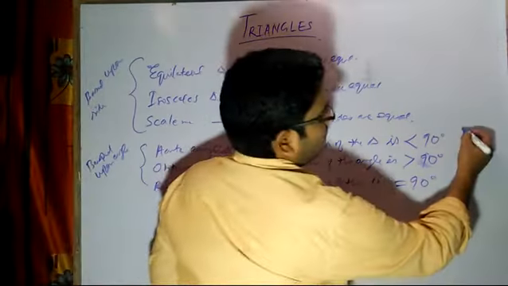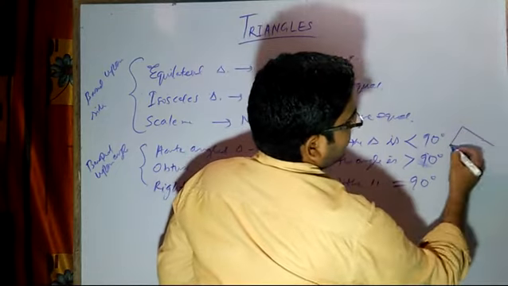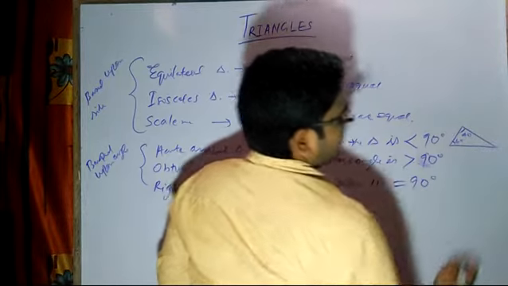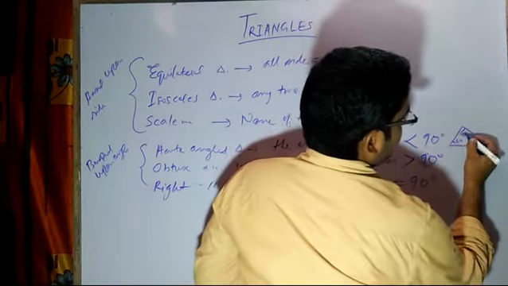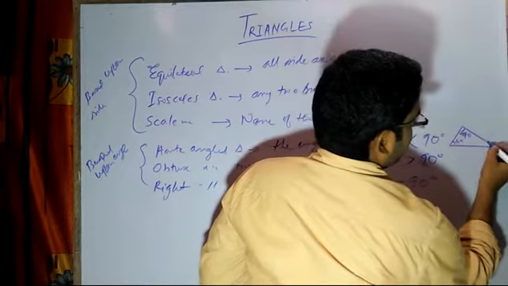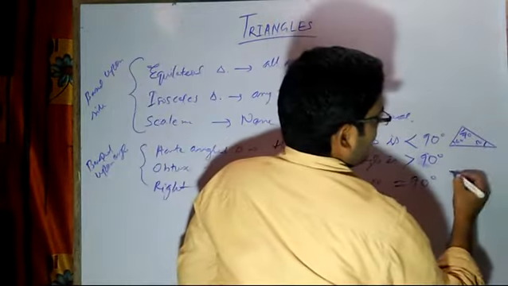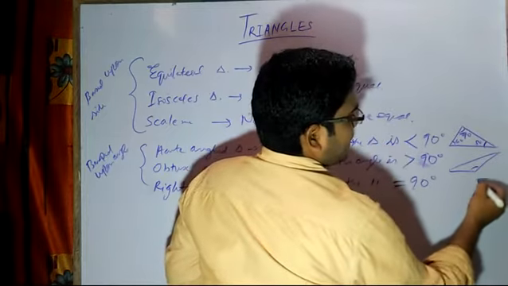So in case of an example of acute angle, it will be 60, 40, or you say 70, 50 degree, like this. Now in case of an obtuse angle triangle, one of the angles will be greater than 90 degree.